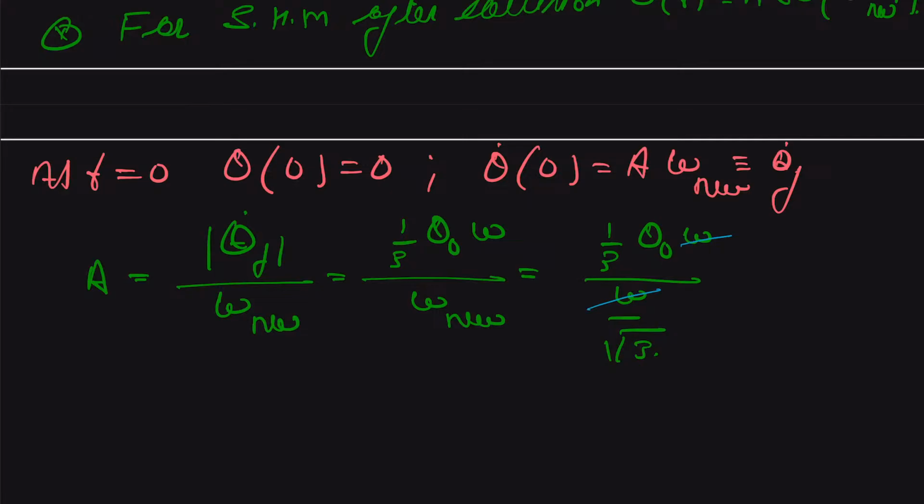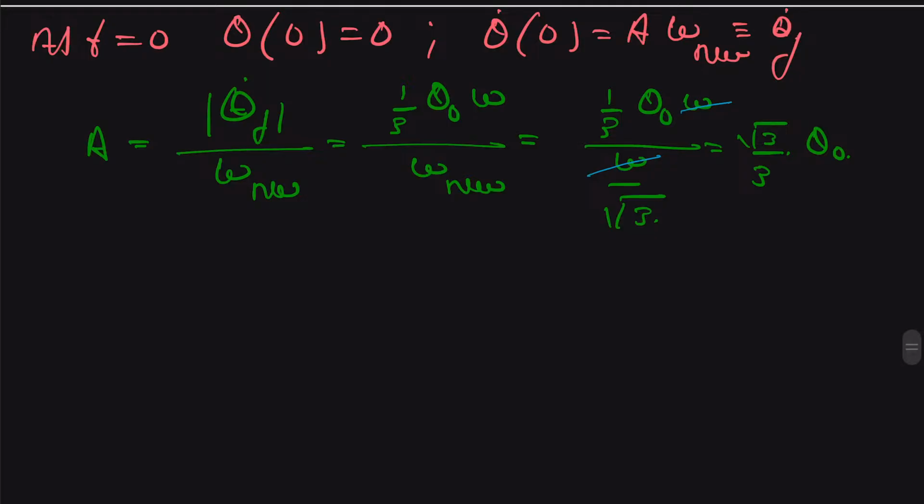Here omega and omega cancel out, and this comes as square root of 3 upon 3 times theta naught. We can rationalize it, so A is equal to root 3 upon 3 times root 3 upon root 3 times theta naught.